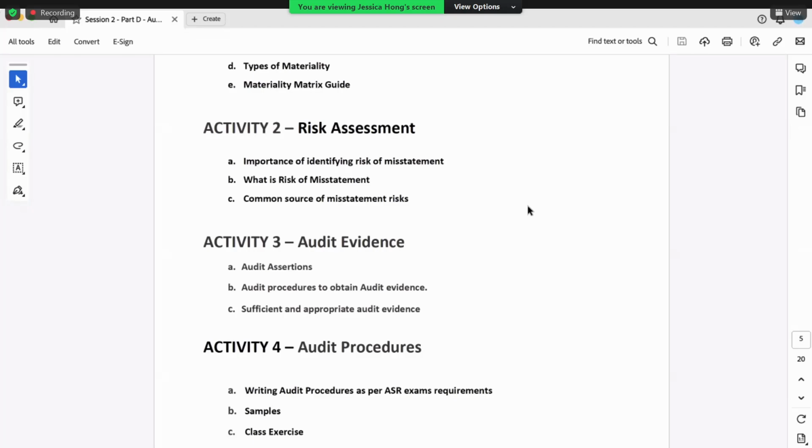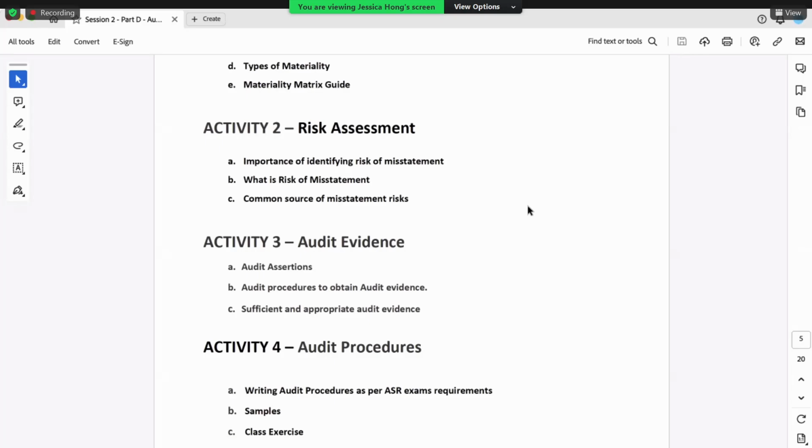All right. Because the case studies in the exam have already been curated and designed, they only expect a certain way to respond. They may ask questions about audit procedures, and they expect the audit procedures to be precise and able to help the auditors to obtain sufficient and appropriate audit evidence.